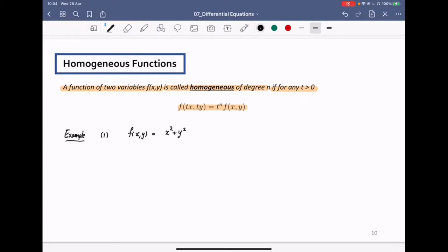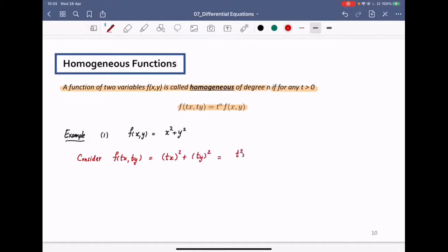If you want to know whether this function is homogeneous or not, you can check by computing f(tx, ty). Basically, you replace x by tx and y by ty in the function. Does it make sense? And then you simplify a little bit.